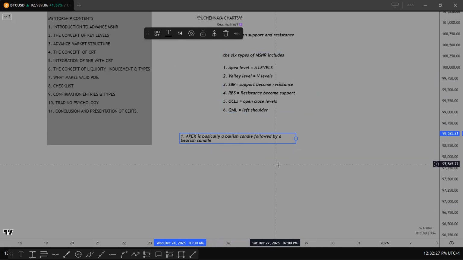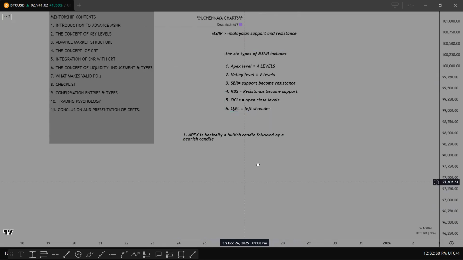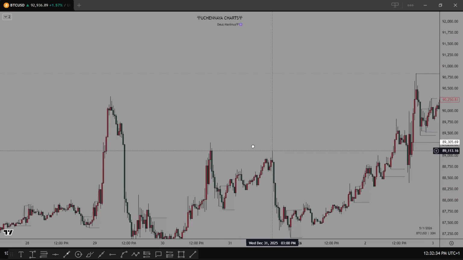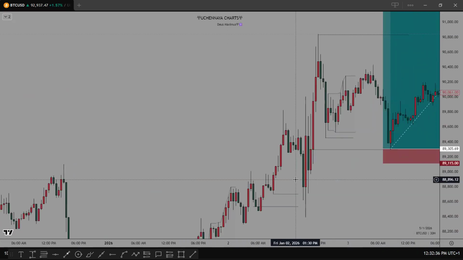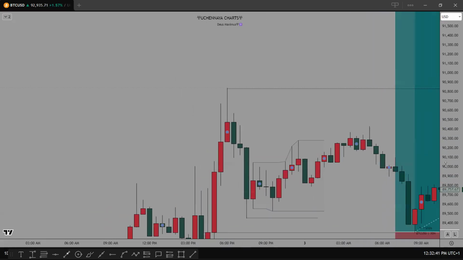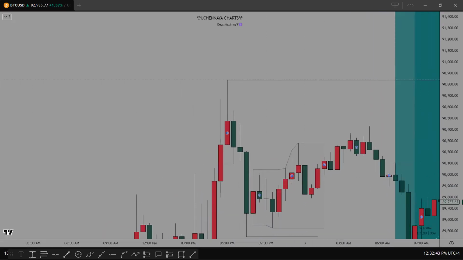And valley level, let's just discuss apex level first. Now, this is a typical example of an apex level.